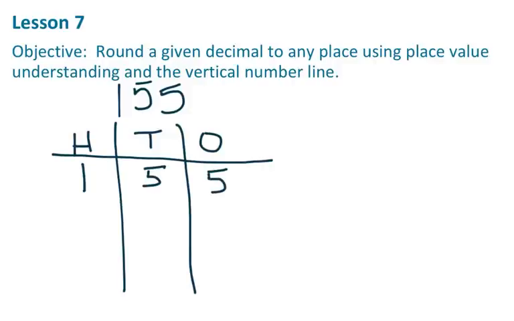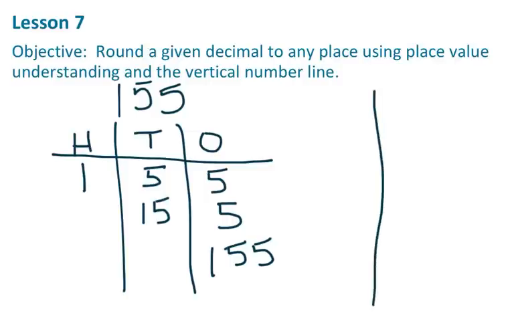Well, now the students are learning that they can also have 155 as 15 tens and 5 ones, or 155 ones. So this is going to be pretty important to them as they're going through the vertical number line and the rounding.